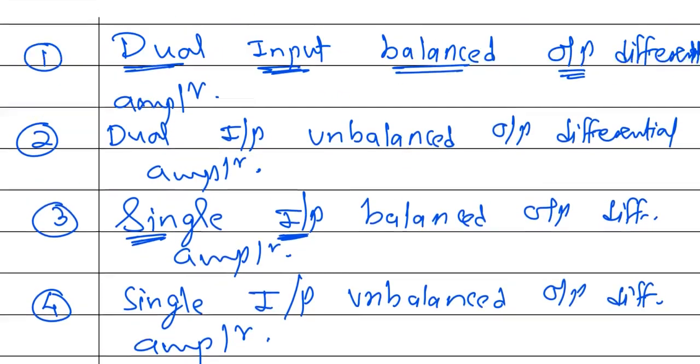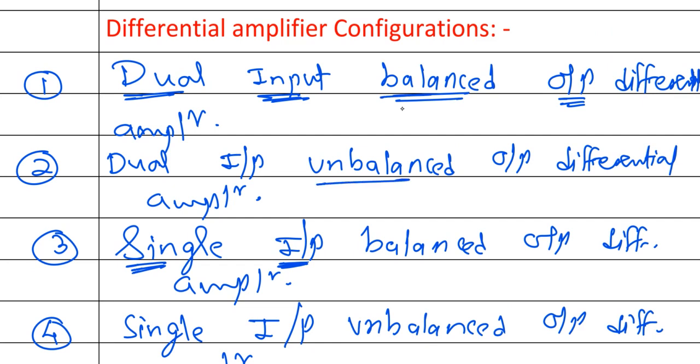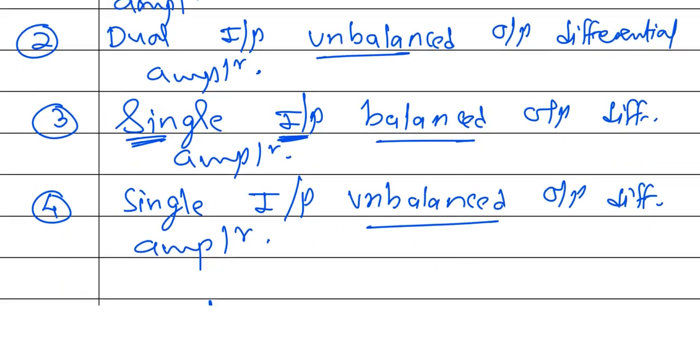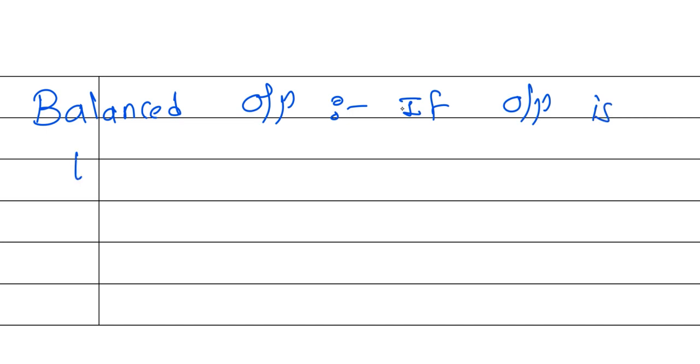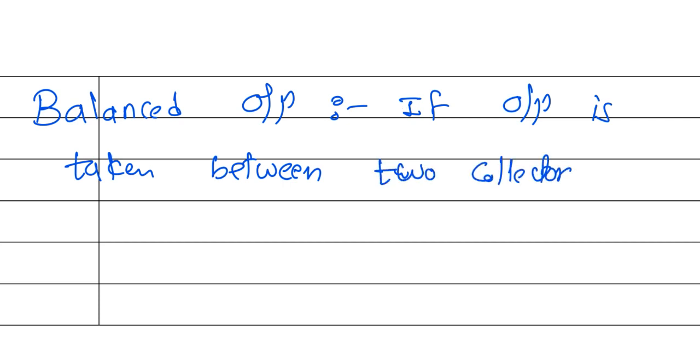Now here is the variation: balanced output, unbalanced output. What is the meaning of balanced output? If output is taken between two collector terminals, you know that a transistor has three terminals: base, emitter, collector, then it is called balanced output.